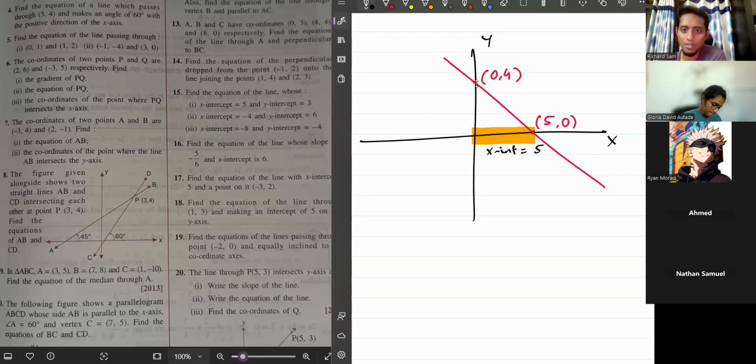And the y-intercept is this distance. It is 4. Okay. So you just have to look at this number here. This 4 will tell you the y-intercept. This 5 will tell you the x-intercept. Now, x-intercept is not used in any formula. You only have the y-intercept in that y-intercept formula.